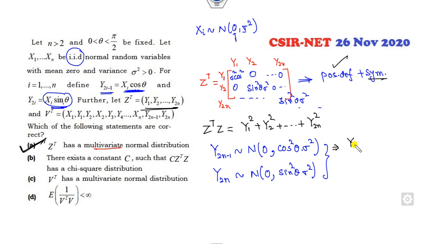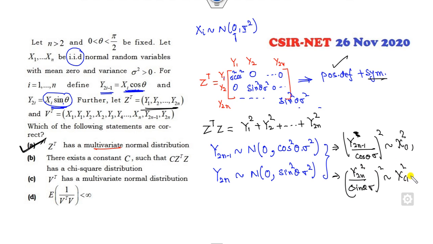So y of 2n minus 0 divided by sine theta into sigma, squared, follows a chi-square distribution. And from the other case, y of 2n minus 1 square divided by cos theta and sigma, squared, follows a chi-square distribution.